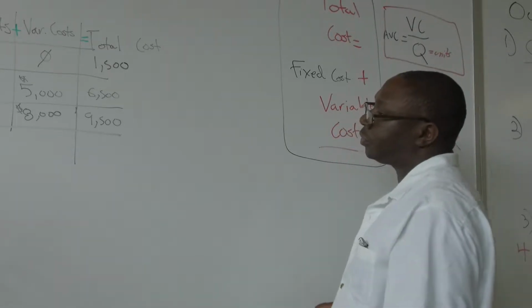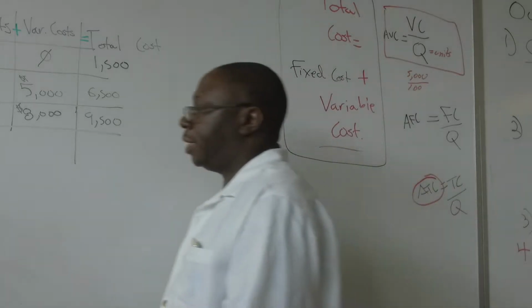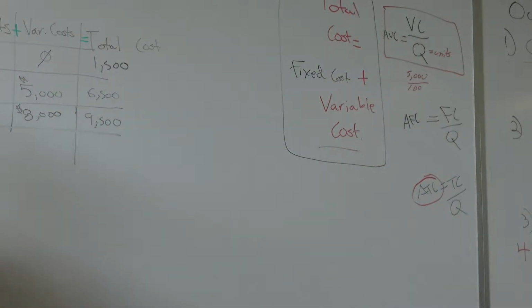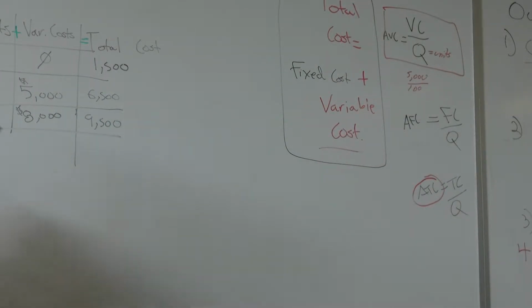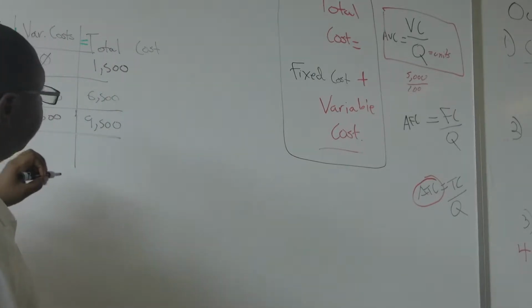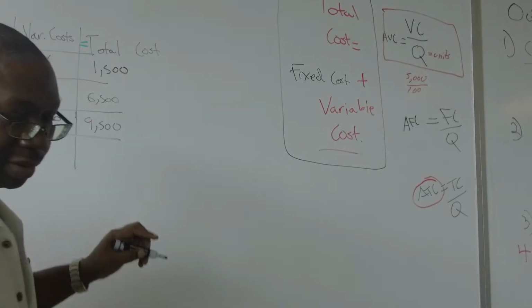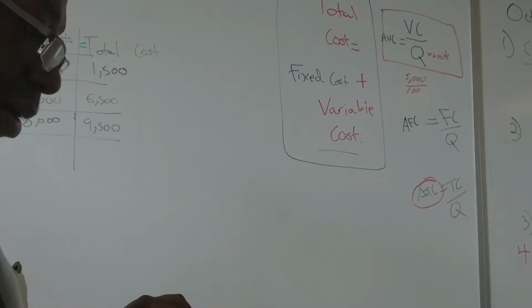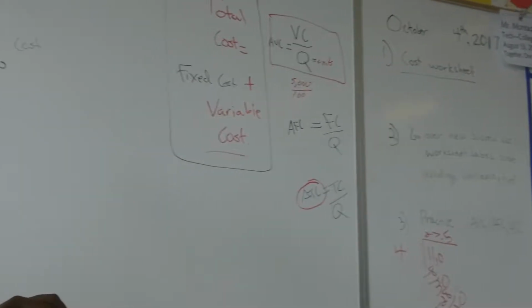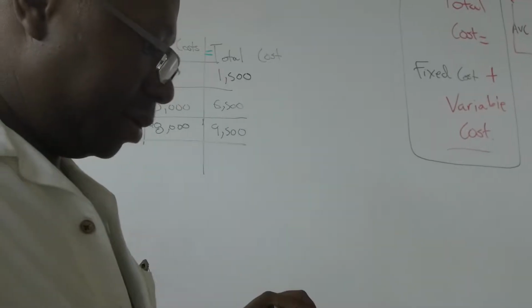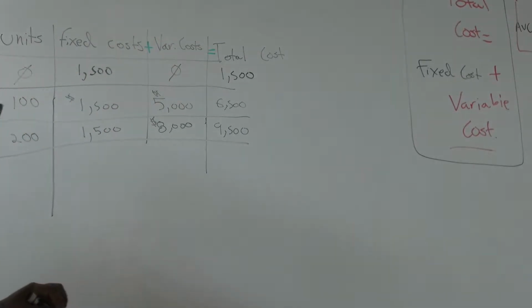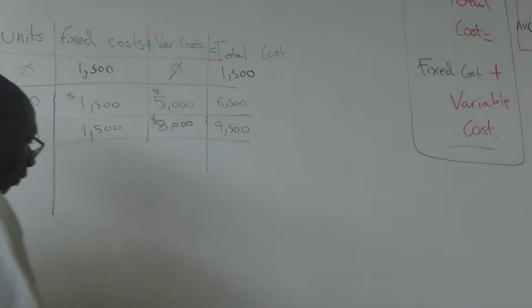So the formula for marginal cost is pretty straightforward. I'm going to write it at the bottom right here. Let me move out of the way. I'm going to write it in red.